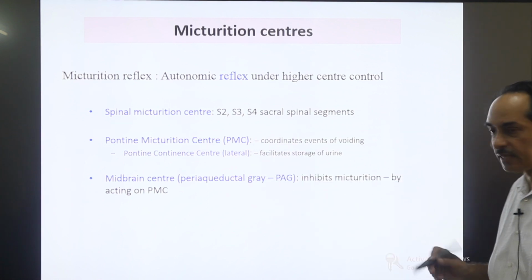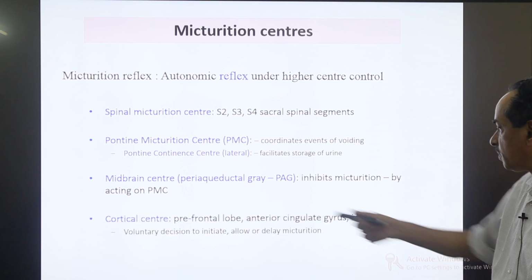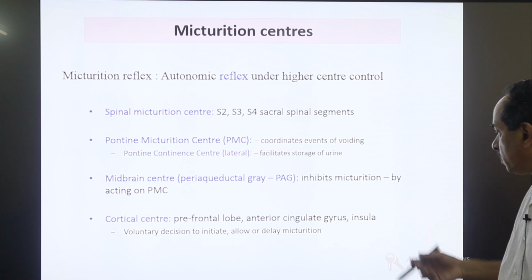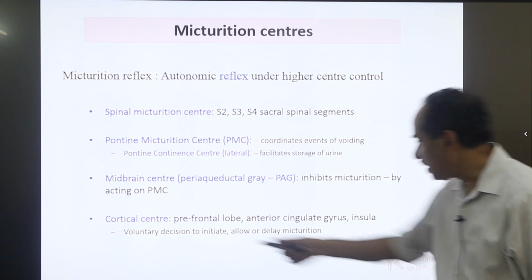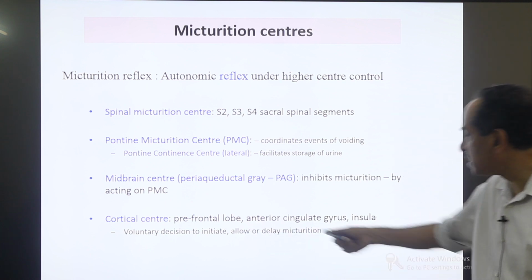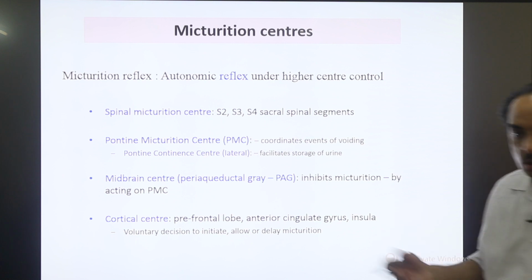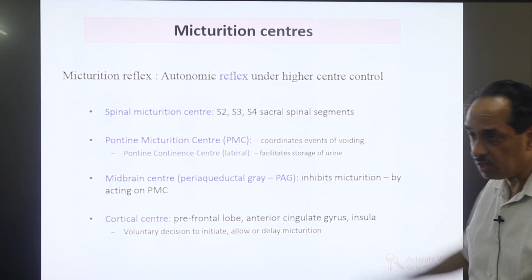Circuits are mostly happening there. Next one. Then last the cortical center: prefrontal lobe, anterior cingulate lobe, insula, and the insula is inside the Sylvian fissure, and the voluntary decision to permit or delay micturition. So the layers of control, multiple layers of control.